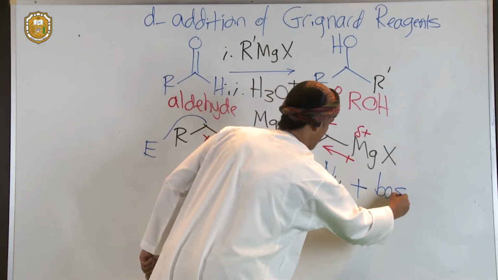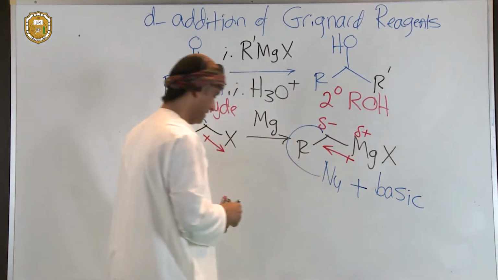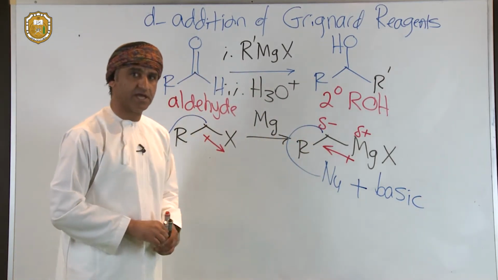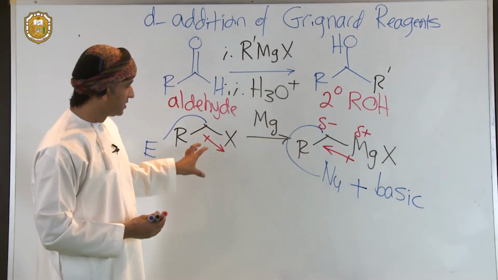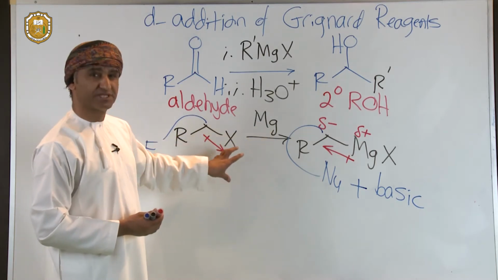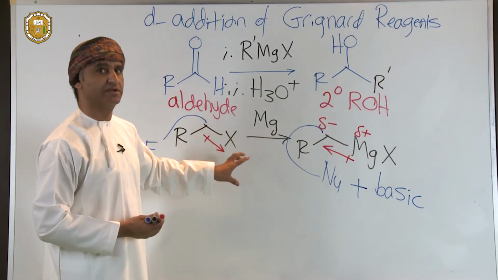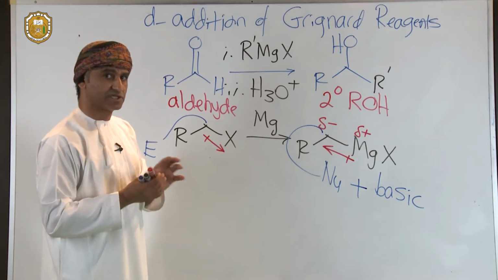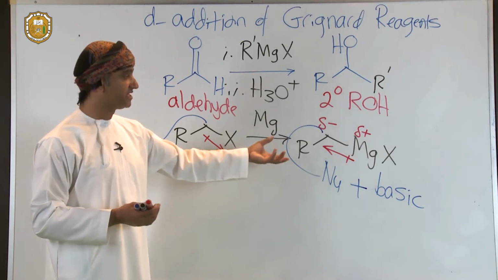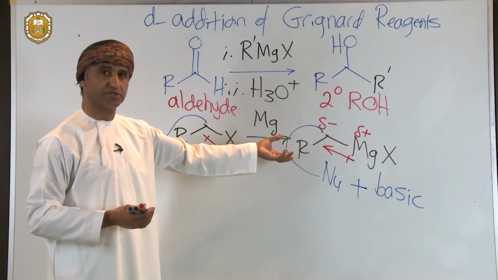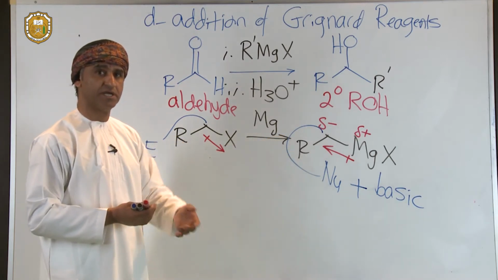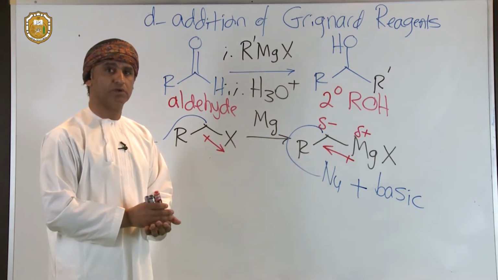Because of that, this reaction must be carried out under an inert atmosphere, with exclusion of moisture, because if there is moisture, the Grignard will simply be destroyed and the corresponding alkane will be formed.